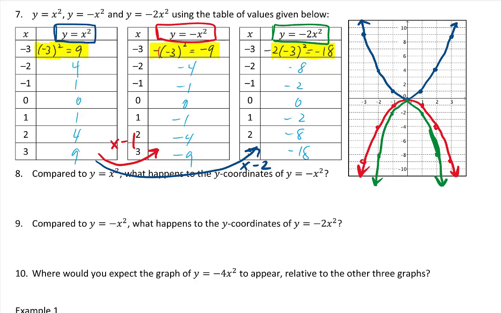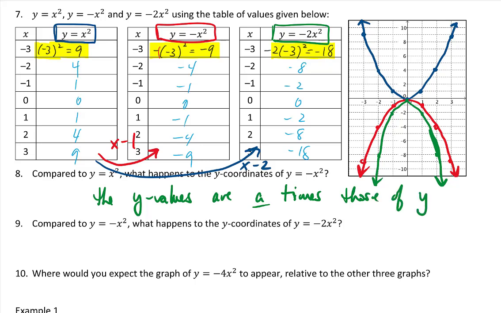So compared to y equals x squared, the y values of y equals negative x squared are a times those of y equals x squared.